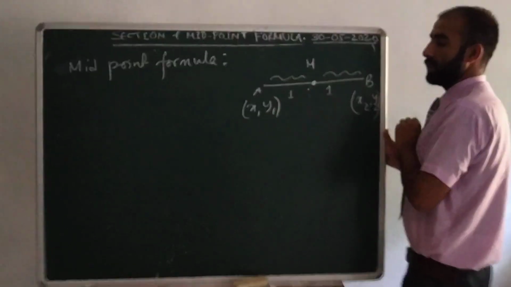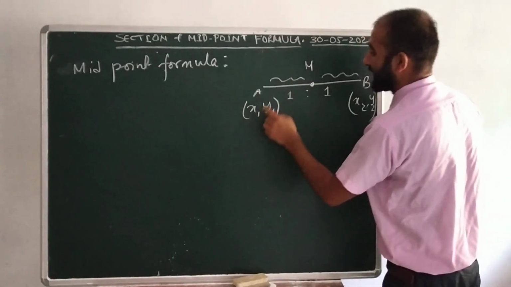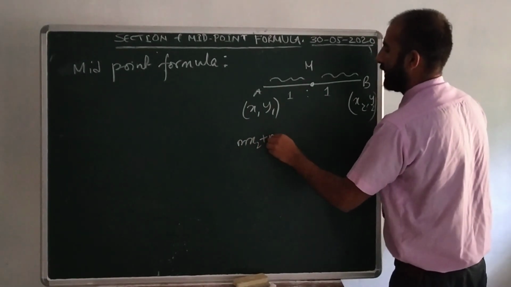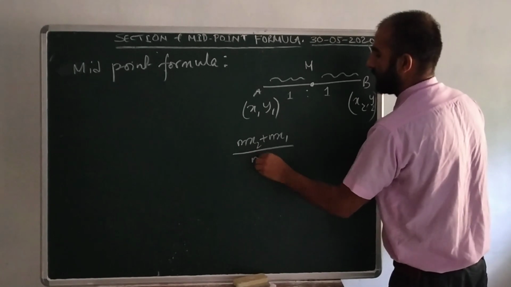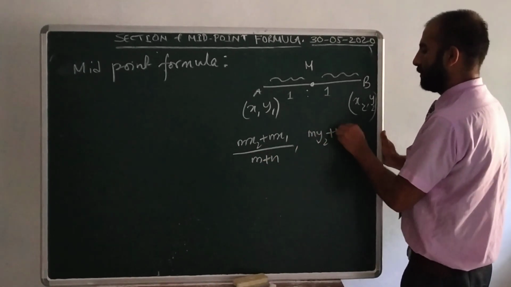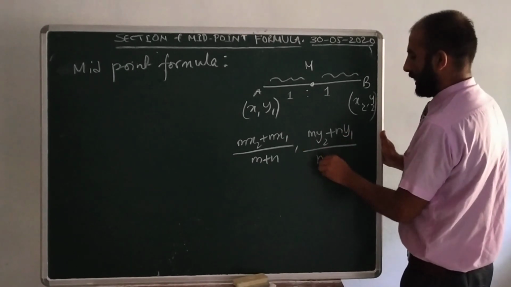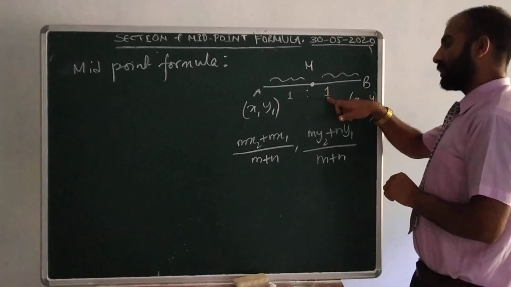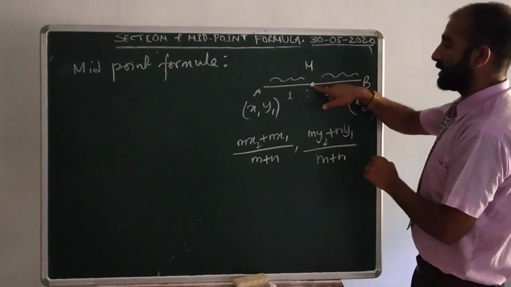Now, if we use section formula in this case, mx2 plus nx1 by m plus n and my2 plus ny1 by m plus n, where m is also 1, n is also 1, because they are equal, because M is the midpoint.